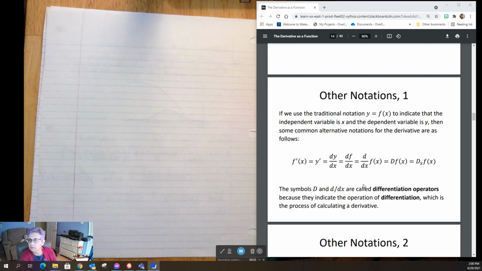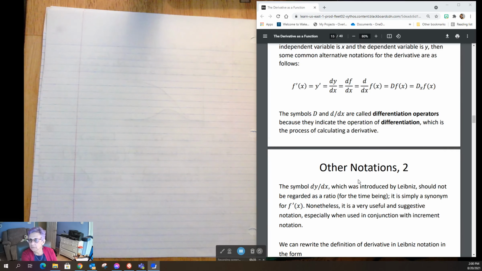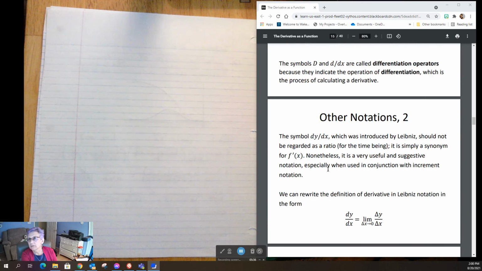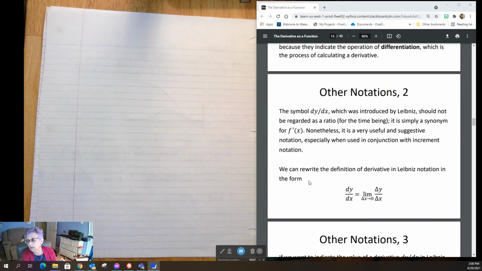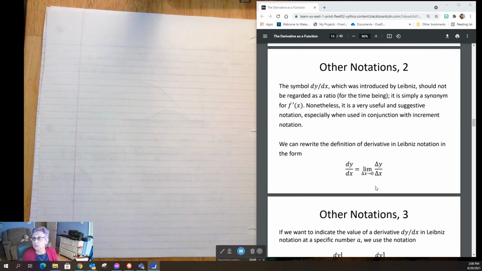They all represent differentiation. Even though it looks like a ratio, it's not. dy dx is just a little reminder to us that the derivative is equal to the limit as the change in x approaches 0 of the change in y divided by the change in x. So the deltas transform into d's.